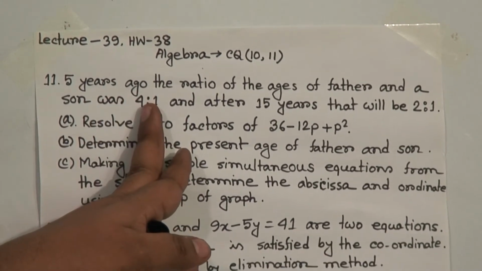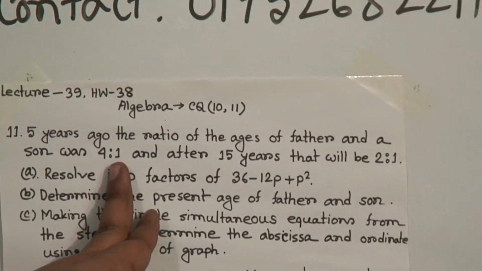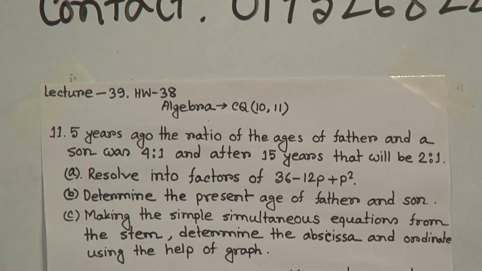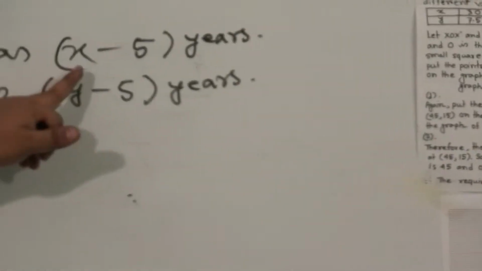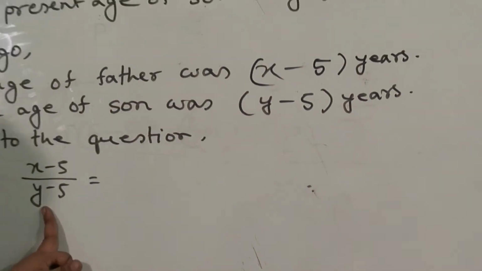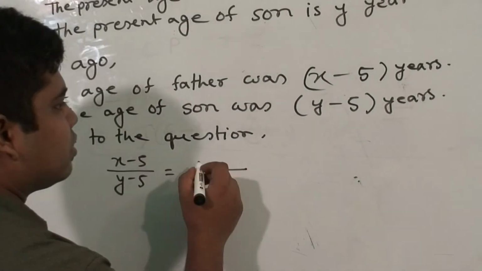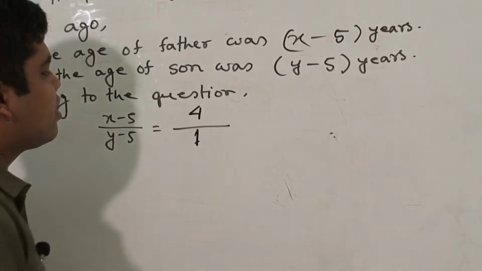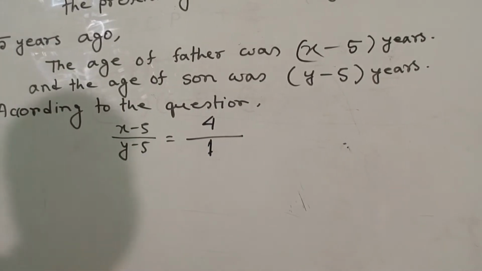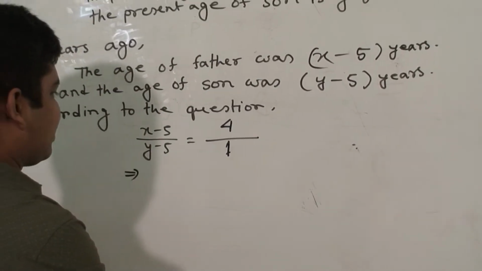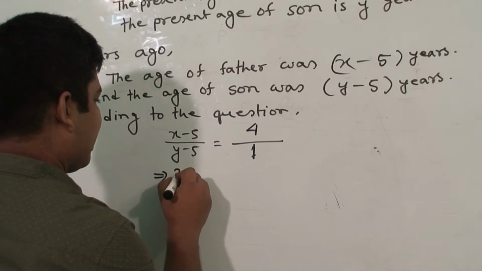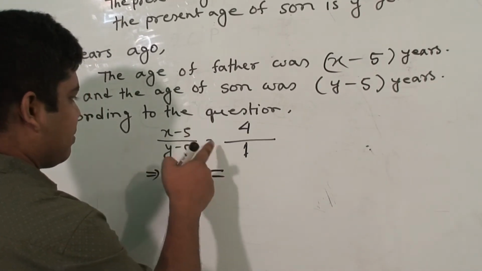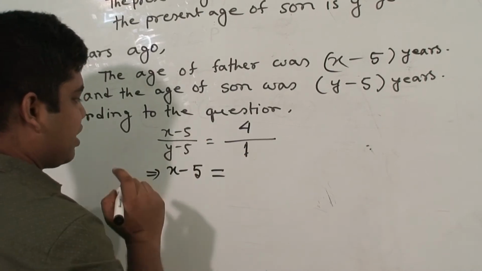So 4:1, that means division, that means 4 divided by 1. So we can write this x minus 5 divided by y minus 5 equal to 4 by 1. Now we use here the cross multiplication method. Here you notice x minus 5 equal to, we multiply x minus 5 with 1 and we get x minus 5.